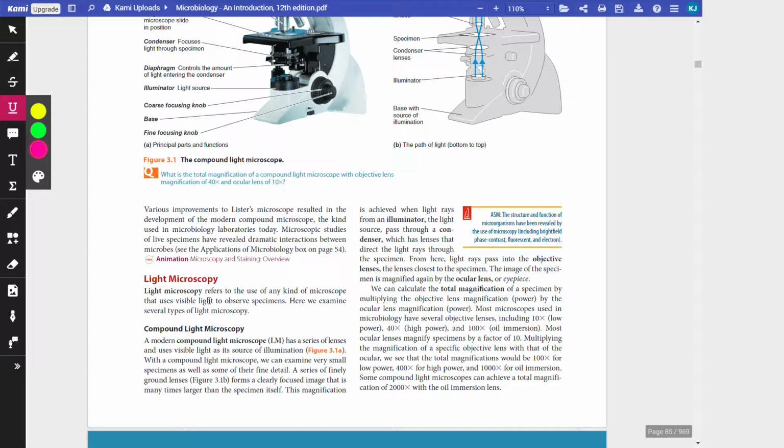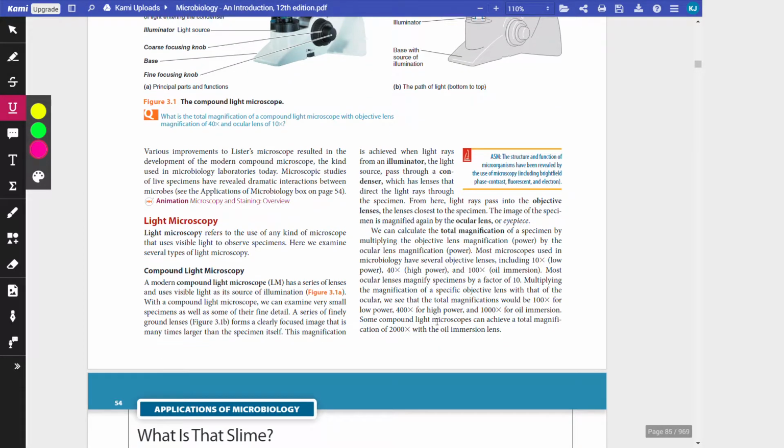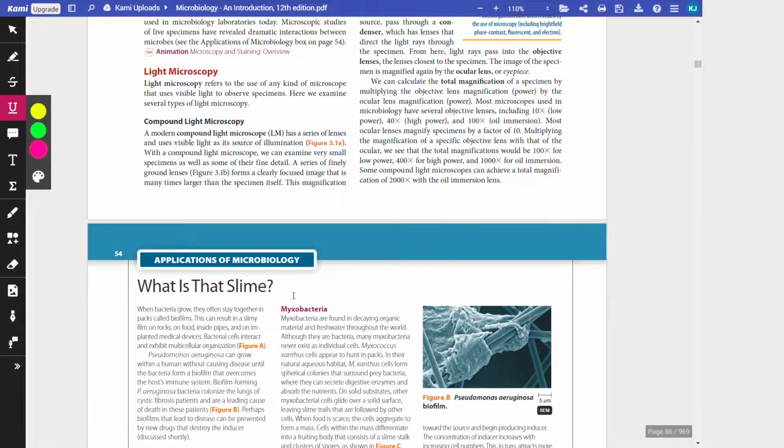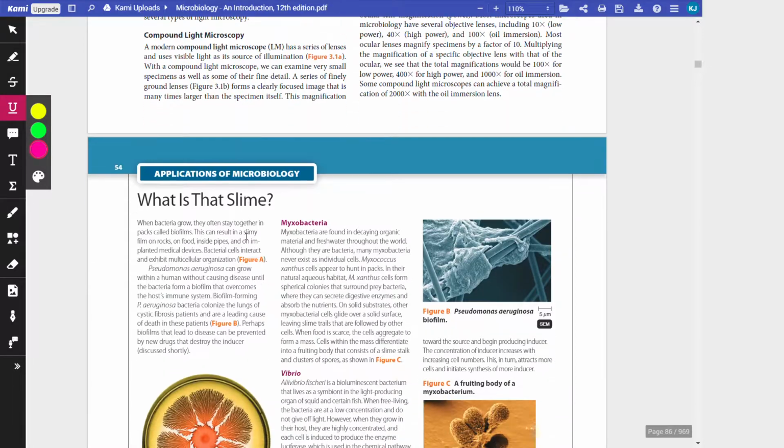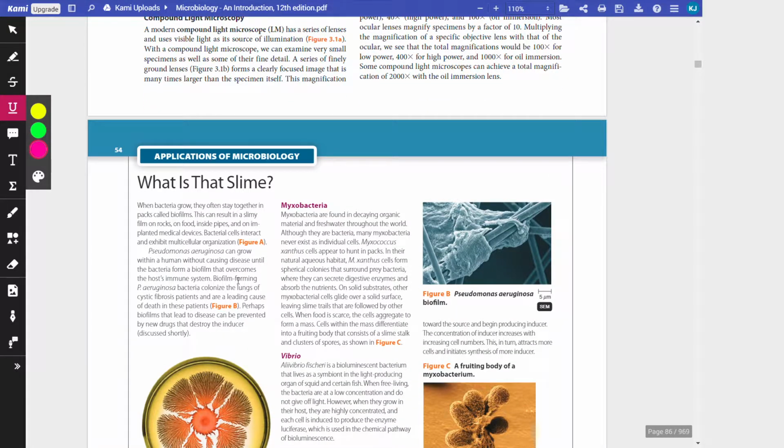Light microscopy, that's the usual type of microscope nowadays used to observe specimens. Yeah, it's magnification. Slime. What is that slime?